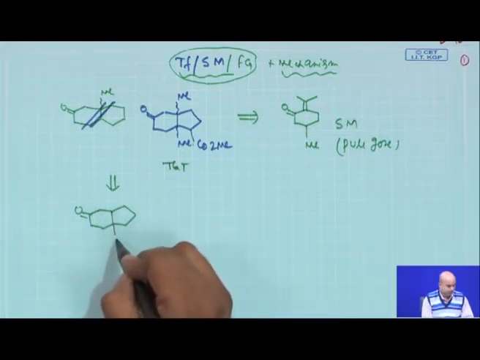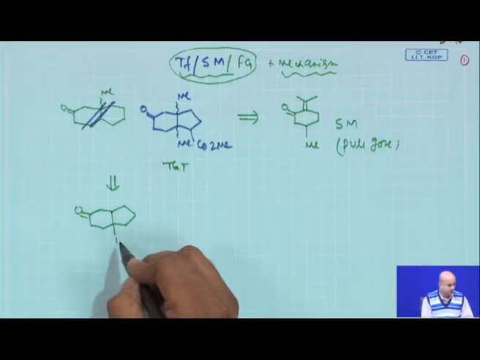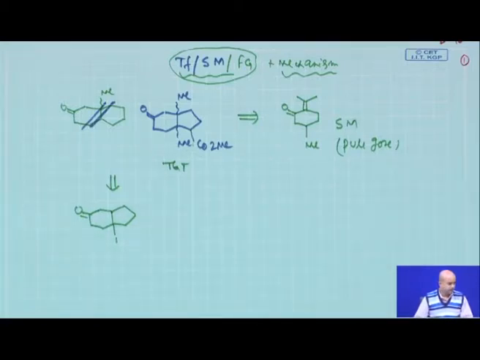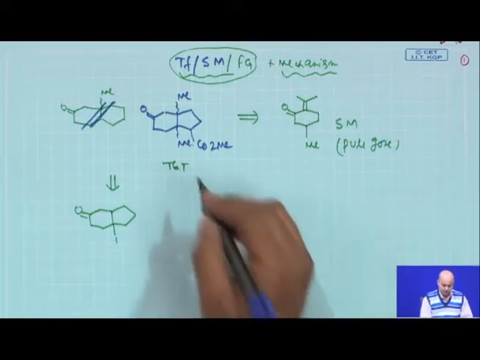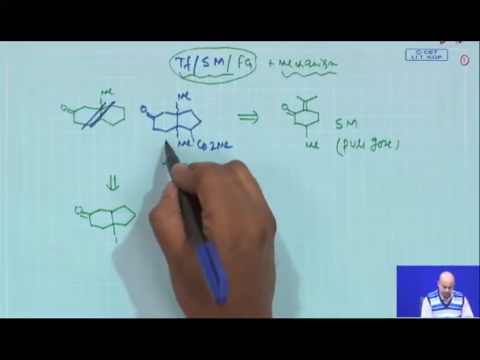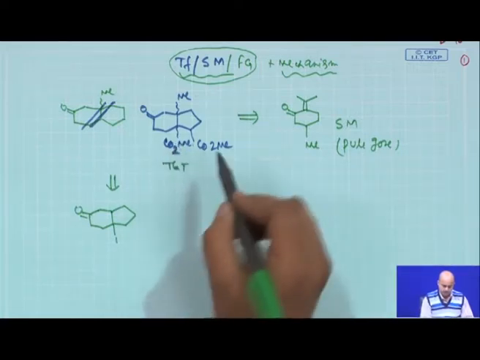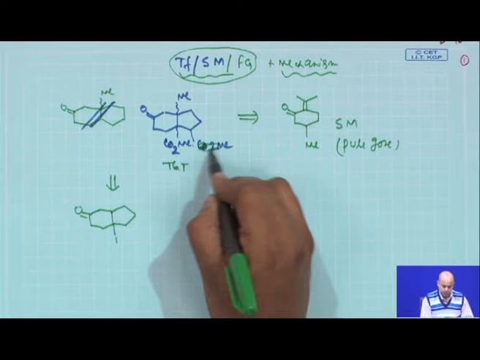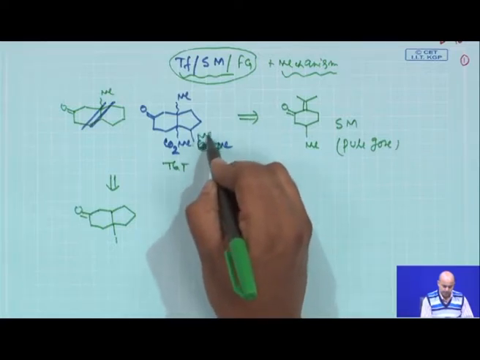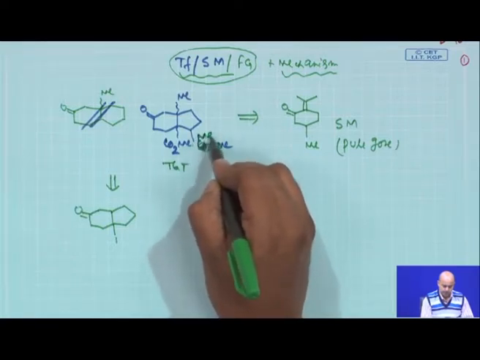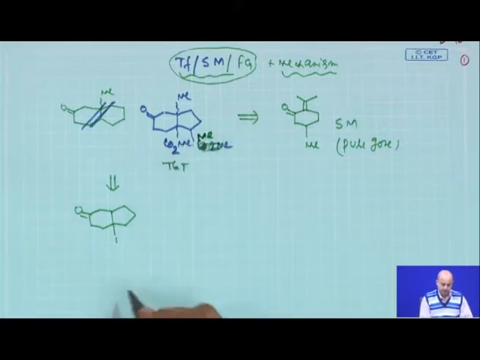So, initially we said if you can have this, we are having again some problem, the methoxy will be here and this will be the methyl one. Sorry for drawing the wrong structure. So, this is the target structure.